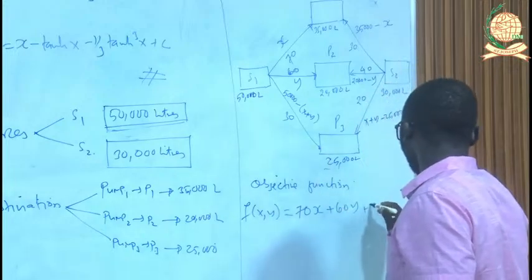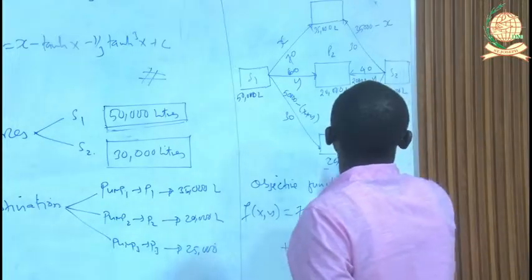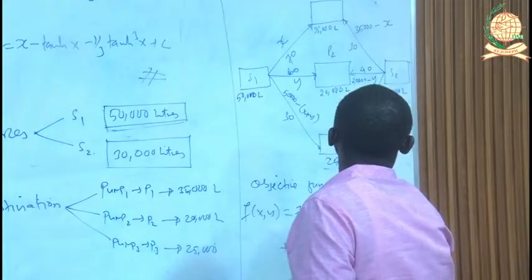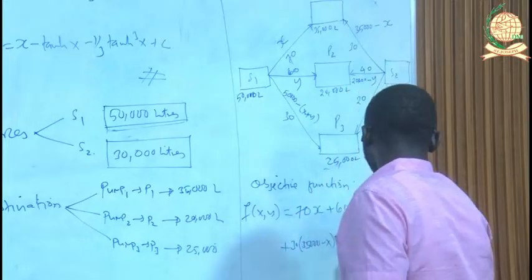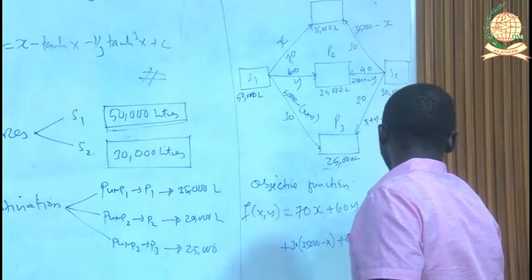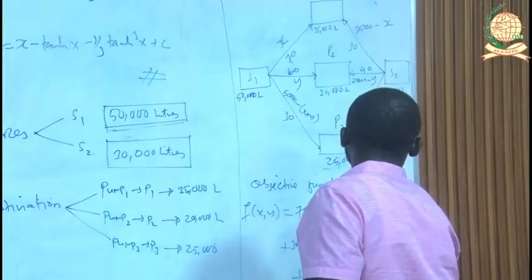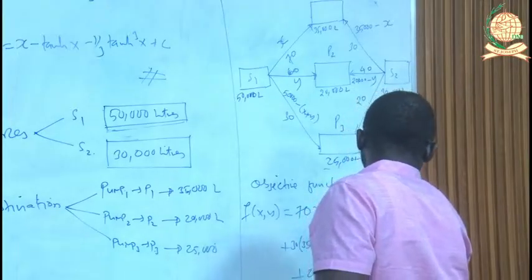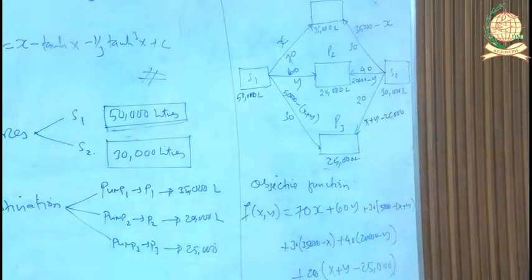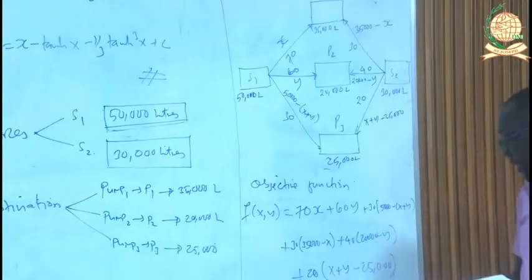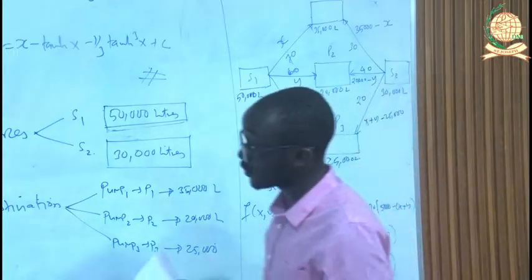From this side, we take 30 times (50,000 minus x plus y), plus, on this side, 30 times (35,000 minus x), plus 40 times (2,000 minus y), plus, the last one is 20 times (x plus y minus 25,000). So this is the actual cost function that tells you how much you're going to use in doing transportation of liters of water from those sources to pumps.